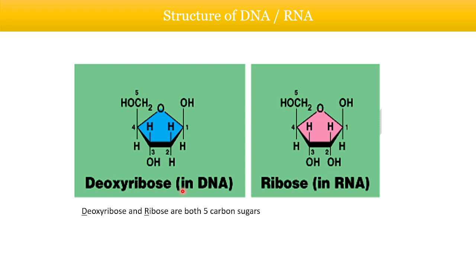That is why it's a pentose sugar. It's pentacarbon. Now the difference between DNA and RNA is that the 2' OH is present in an RNA, whereas for a DNA it's the 2' hydrogen. So the OH is missing and we have the hydrogen over here.